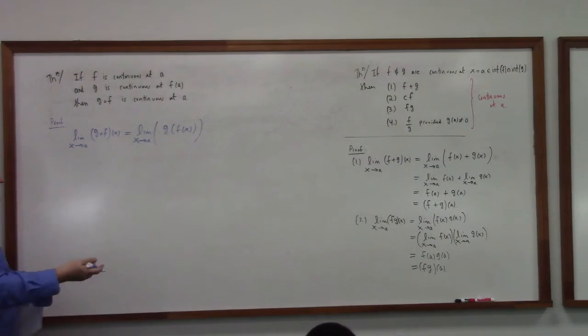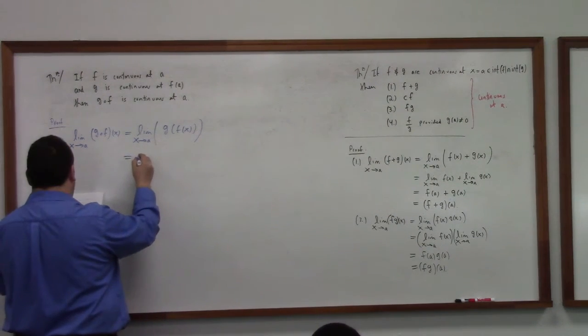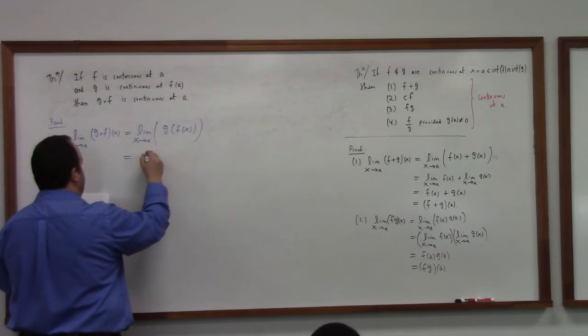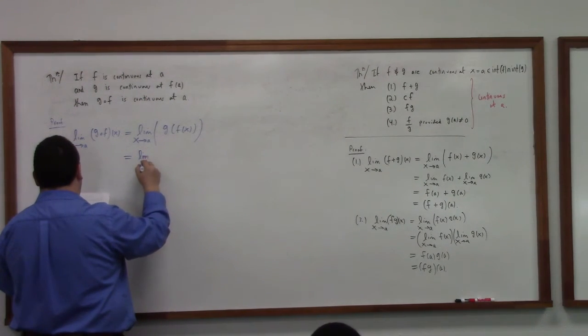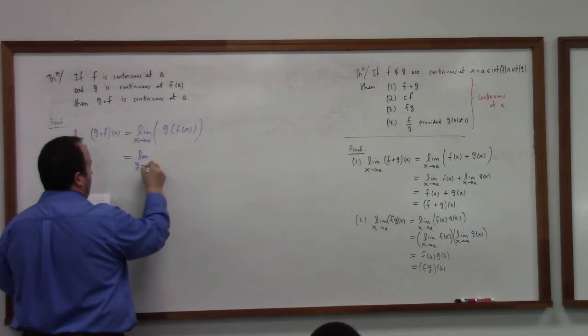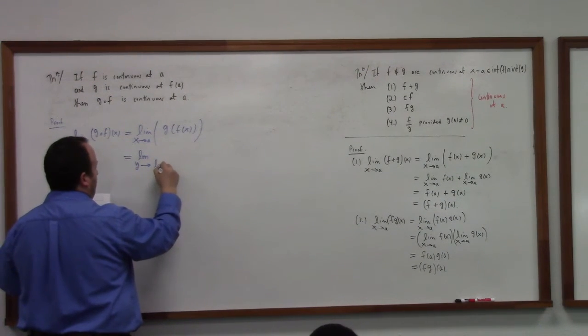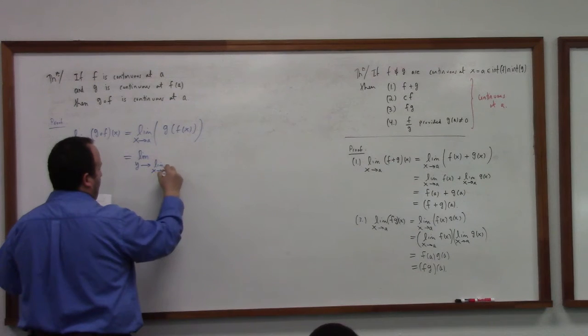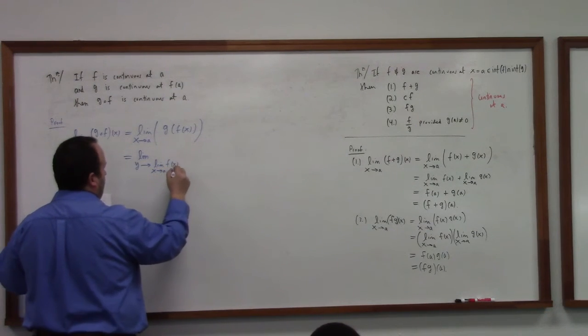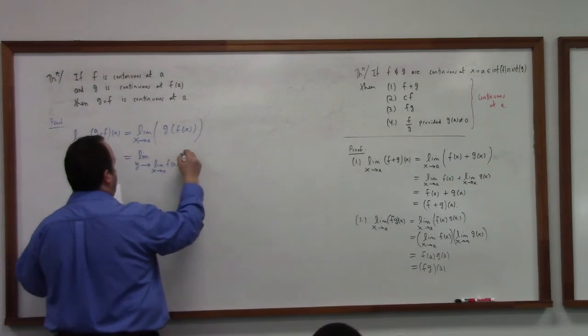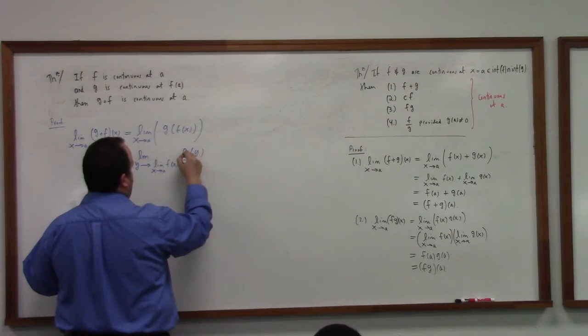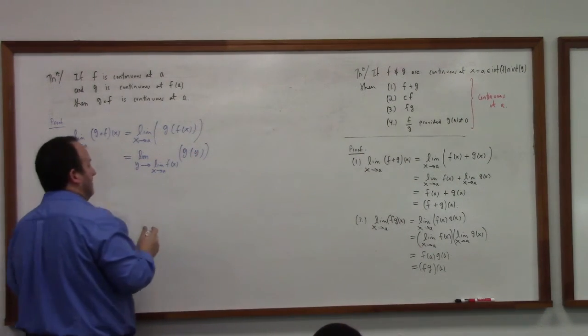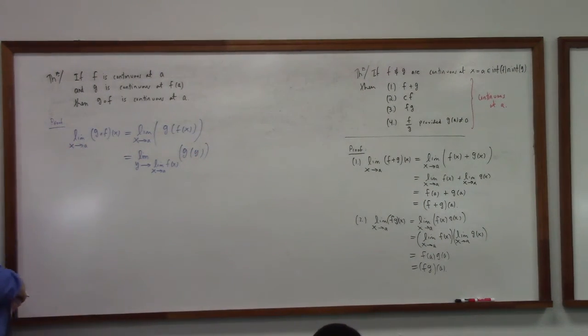And the rule was, by our composition of limits rule, we can replace this with the limit as y goes to the limit as x goes to A of f of x, of G of y. That was the composition of limits rule that we had before.